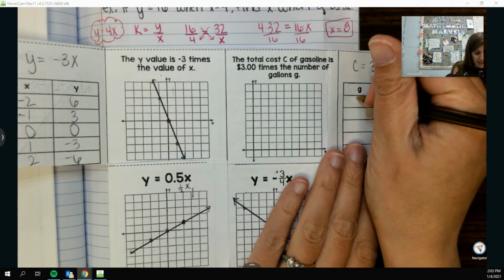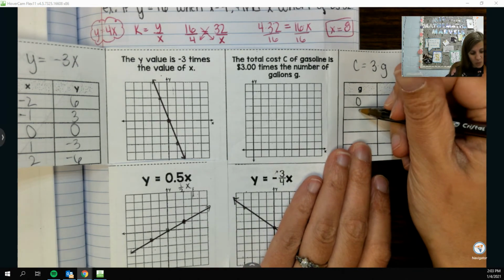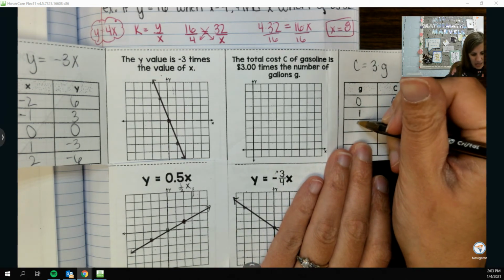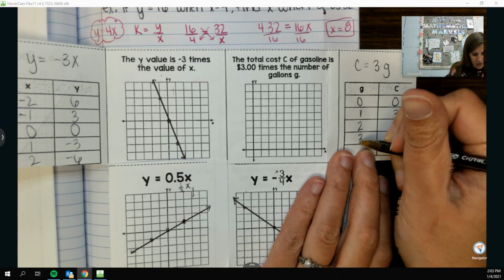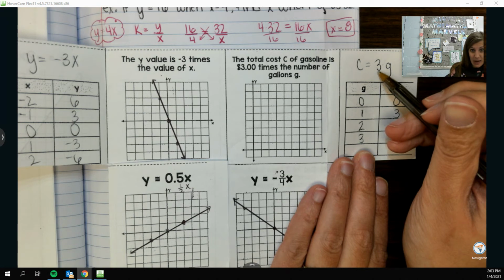I suppose I could get 0 gallons of gas, and it would cost me $0. And if I get 1 gallon, it'll be $3, and 2 will be 6, and 3 will be $9. So it's just going up by 3 every time, which I can see as my slope.